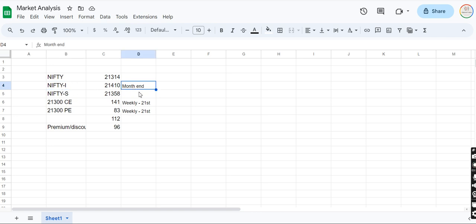This is going to have a life until month end, and these two are going to have a life only until next week. After that, these two contracts will not exist. Everyone knows this, there is no rocket science behind this, and again, I'm just setting the tone of how to arrive at a particular level and then use it for your trading. That is the motto behind this video.